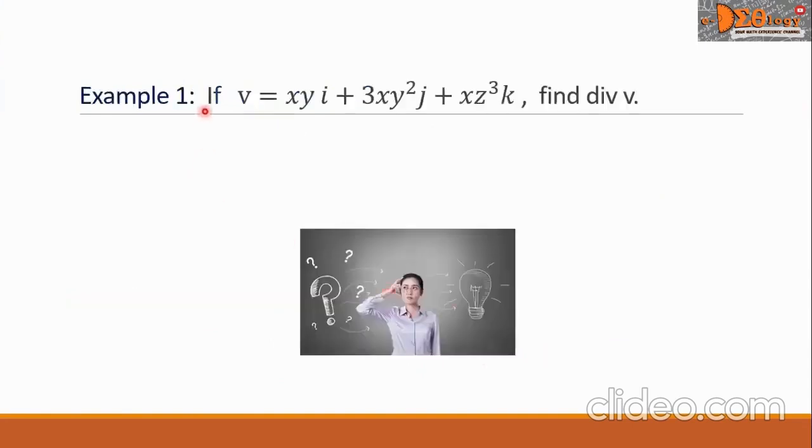Example 1. If v equals xy i plus 3xy squared j plus xz cubed k, find divergence of v.